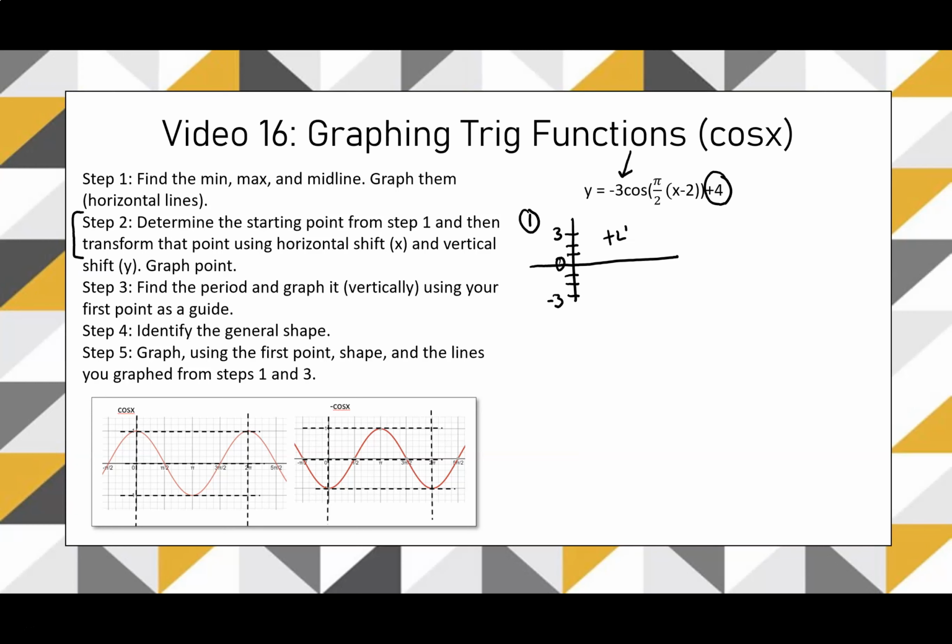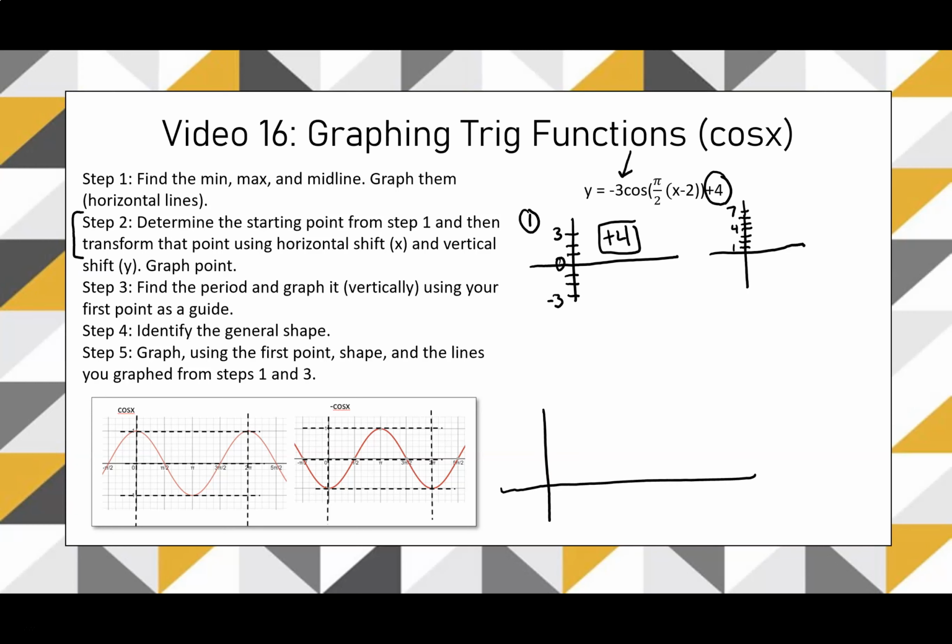So I'm going to put a +4 here, adding 4 to everything. So 1, 2, 3, 4, 5, 6, 7. We've got a 7 here. Add 4 to 0, we're at 4 for our midline. Add 4 to -3, and we are at 1.